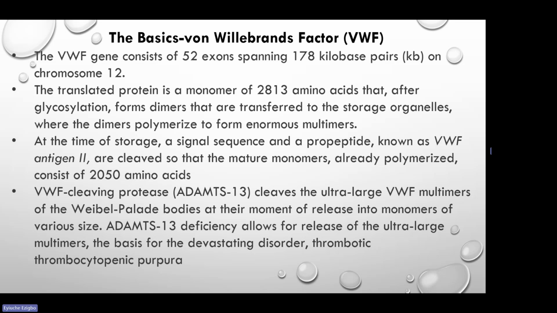Because of that, during their release a protein called ADAMTS13 also helps to break them down into monomers, to reduce their adhesive properties so that the process is kept in check.